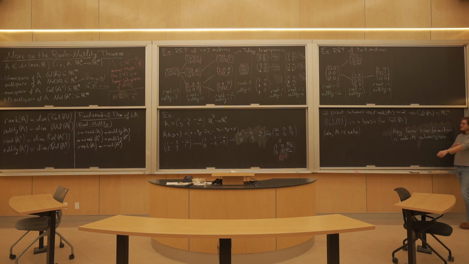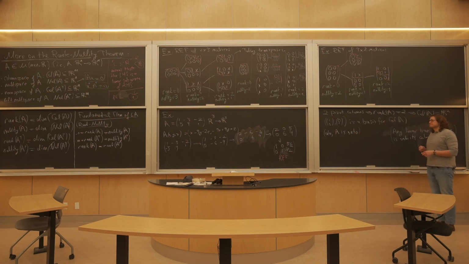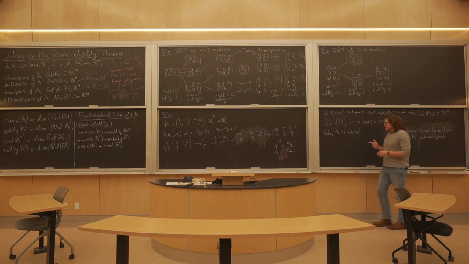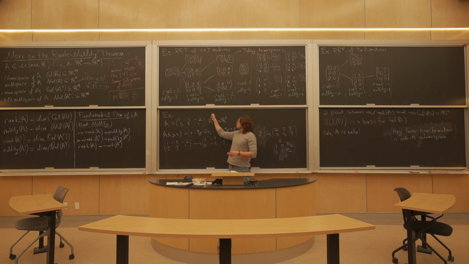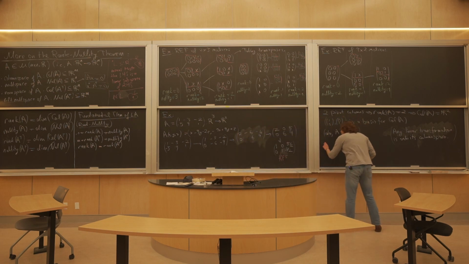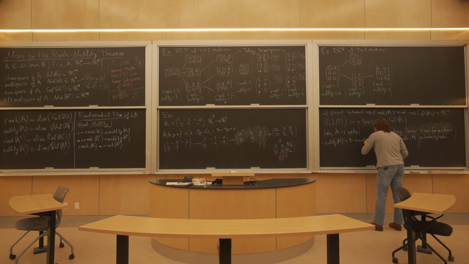Yeah. So at this stage, for instance, I can also say immediately that A is not going to be 1-to-1. Because if the rank is 2, by the rank-nullity theorem, rank plus nullity should be equal to 3, which means that the nullity is 1. So the nullity of A is 3 minus rank, which is 1.